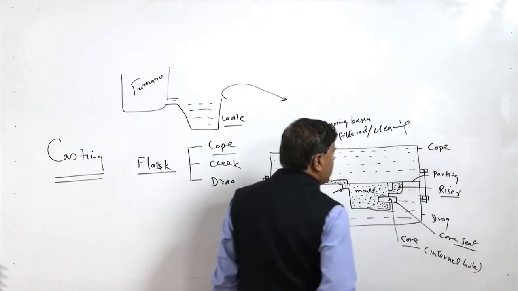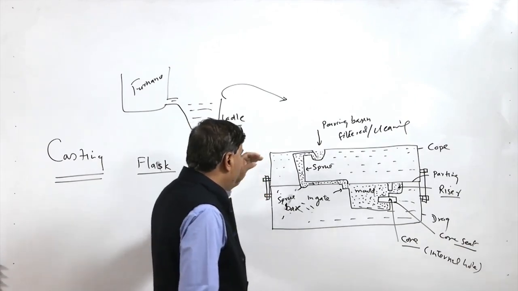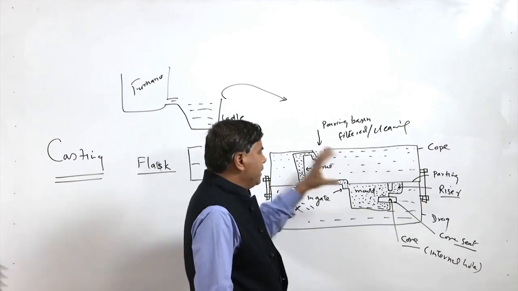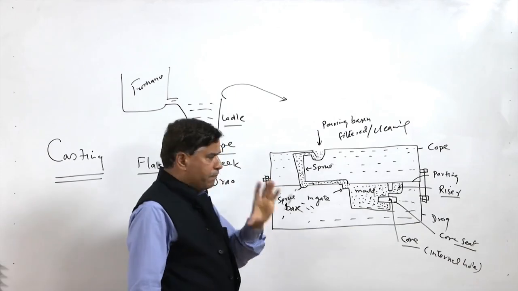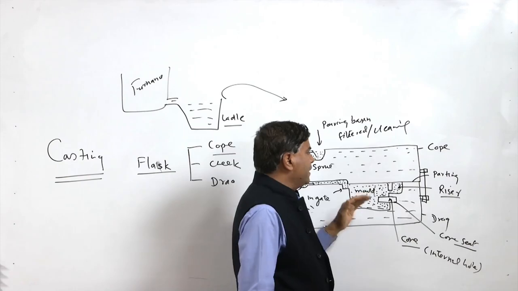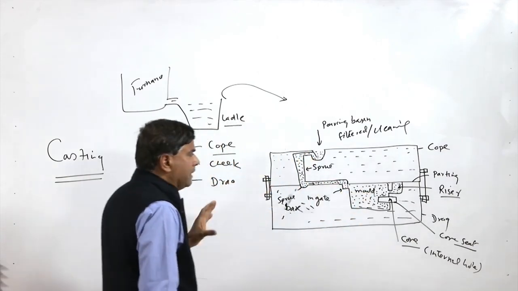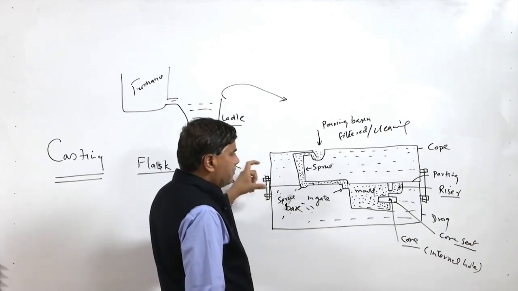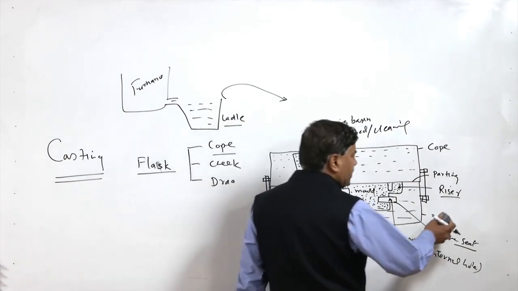So, the molds are like cup and drag. The flasks are aligned so that the cavity maintains its shape, as well as the separation of the flasks at the parting line is avoided under the metallostatic pressure of the liquid metal, due to the holding of the flasks with the help of the lock pins or nut and bolt.